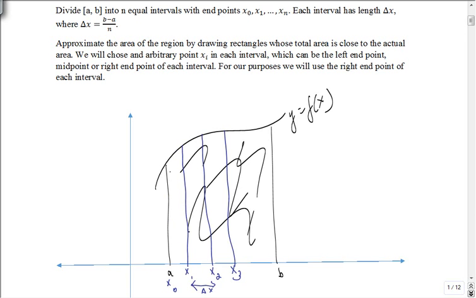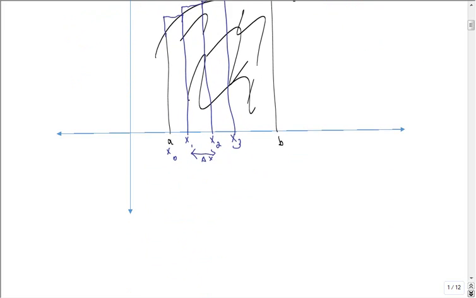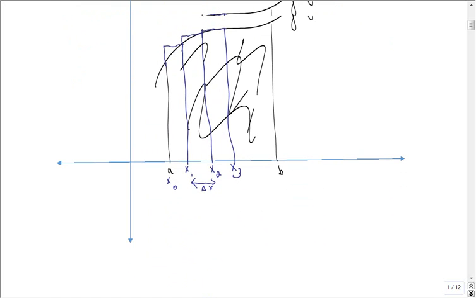So you take the right end of each rectangle and draw the rectangle like this. That's the concept of Riemann sums, and you continue this way. Then you find the area of each rectangle and you add them all up.